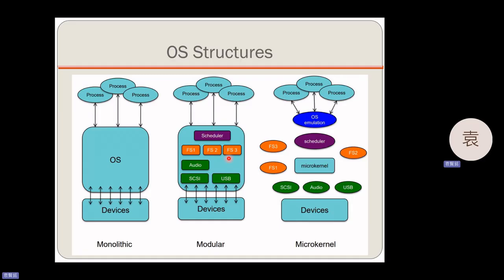And the last type is the microkernel. That means we put all the mechanism routines that need to communicate with the physical device together in this microkernel part, and only the functions in the microkernel need to be executed in kernel mode.